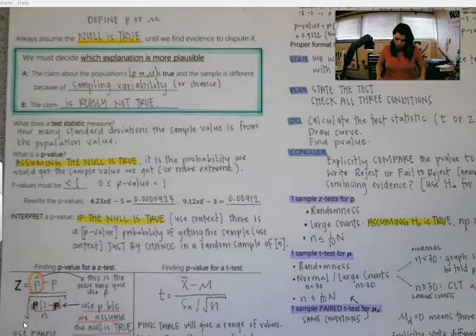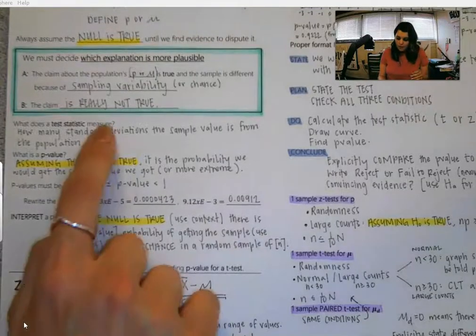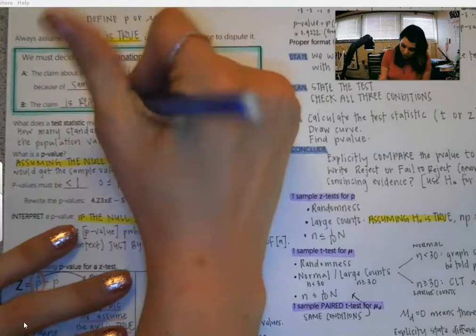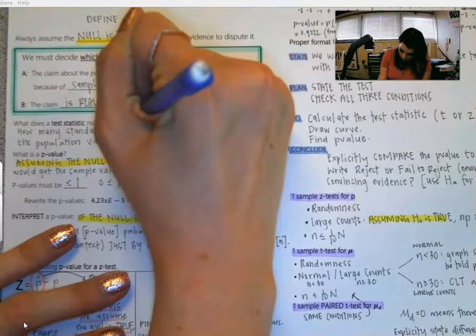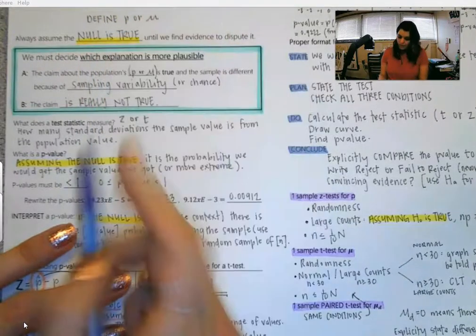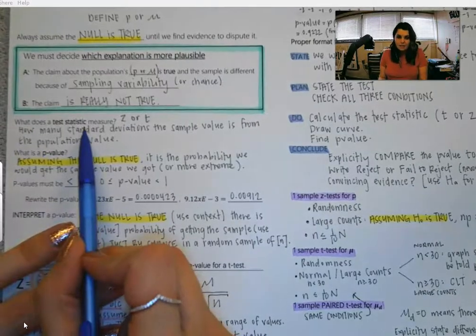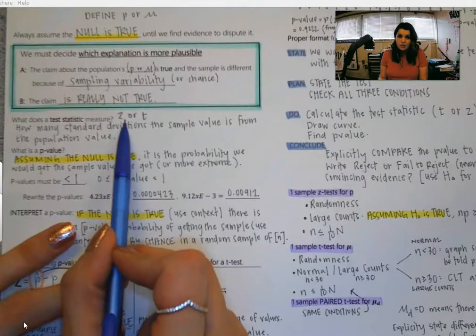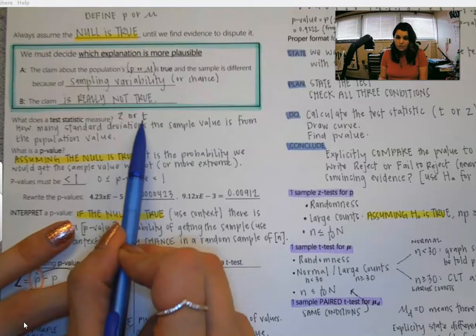I'm not sure that I wrote this down anywhere, so I'm glad we're going over this. The test statistic is your Z or T. When they ask what the test statistic measures, they're referring to the Z value or the T value that you use to find your probability.